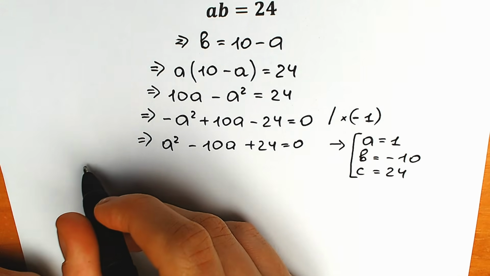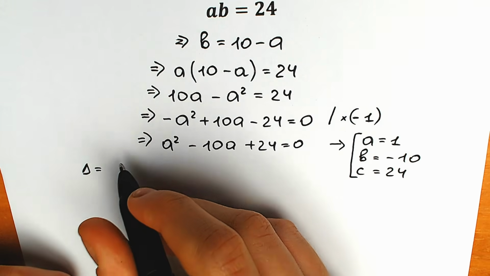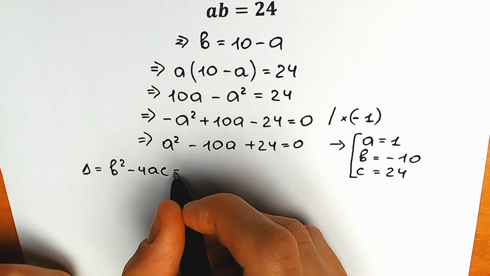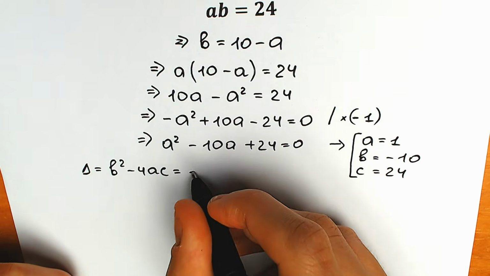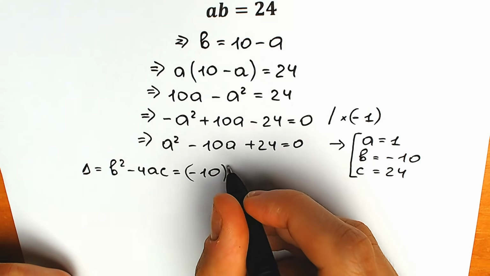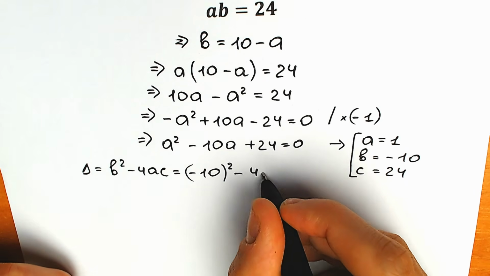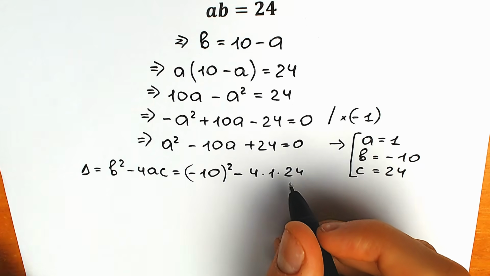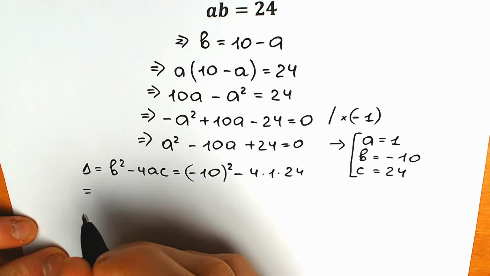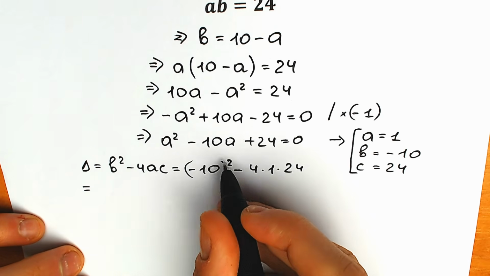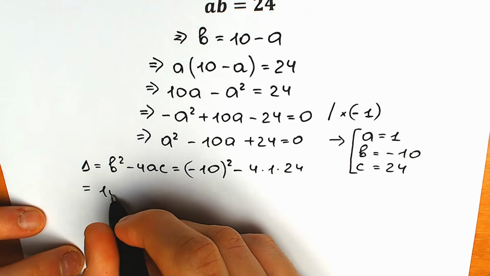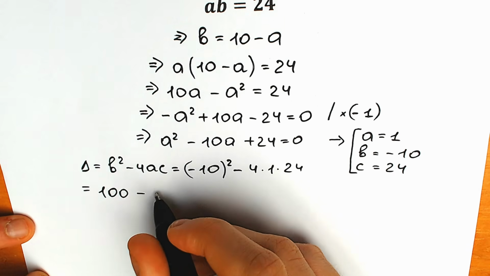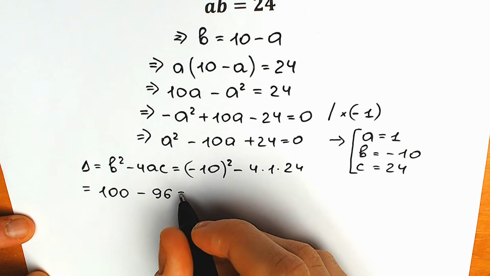Now let's find the discriminant real quick: b square minus 4ac, so minus 10 square minus 4 times 1 times 24. Minus 10 square equals 100, minus 4 times 24 equals 96. So 100 minus 96 equals 4.